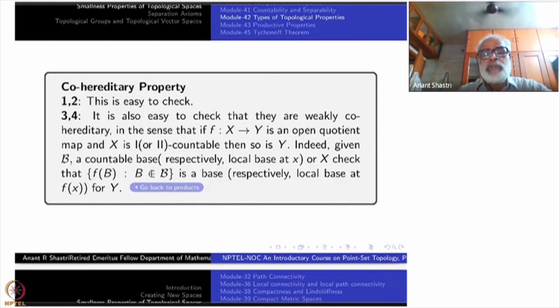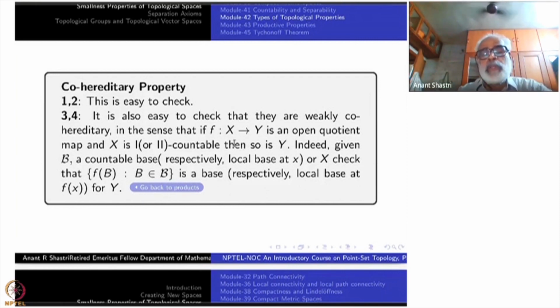Start with a countable base curly B, and take f of B, where B ranges over curly B. Because f is open, f(B) is open. That is the crux of this. Now we can verify that this is a base for the topology on Y. The same thing works for a local base at a point also.